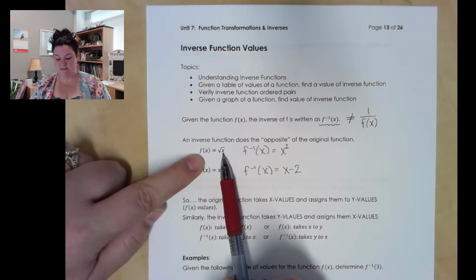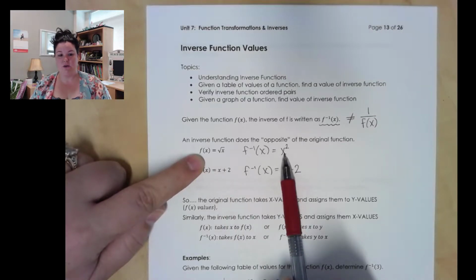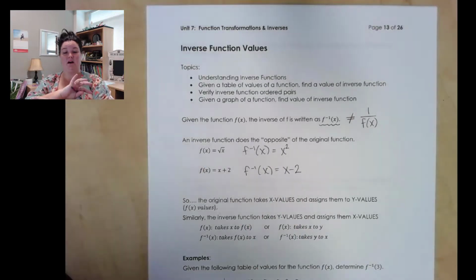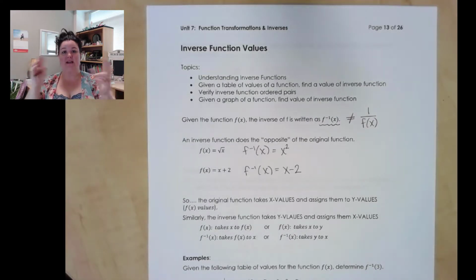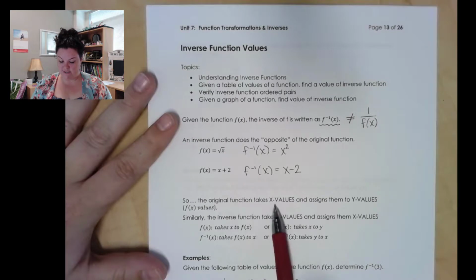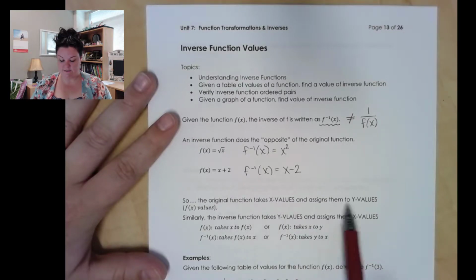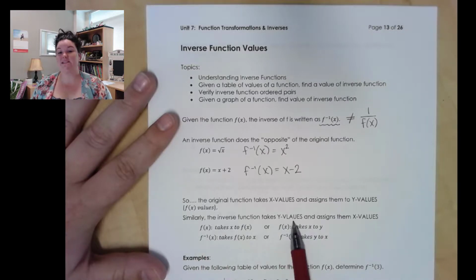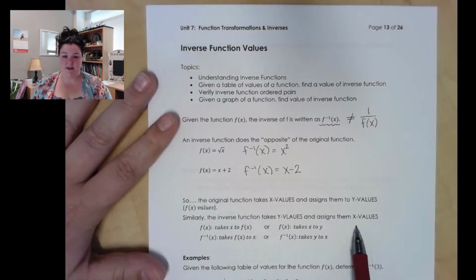But if we do the opposite over here and we square it, that means we're going to square 2 to get 4, okay? So it's almost like we're swapping our input and our output in an inverse function, okay? So if the original function takes x values and assigns them to y values, or f of x values, then the inverse will take y values and assign them to x values, okay?